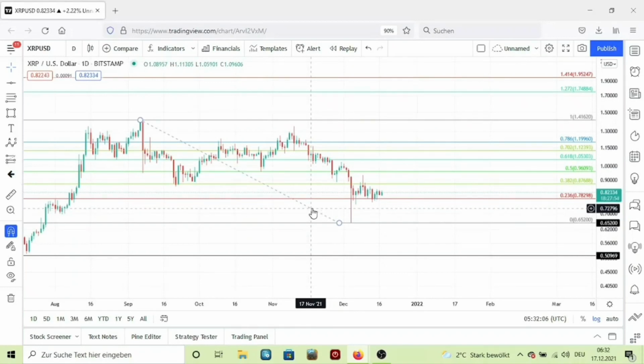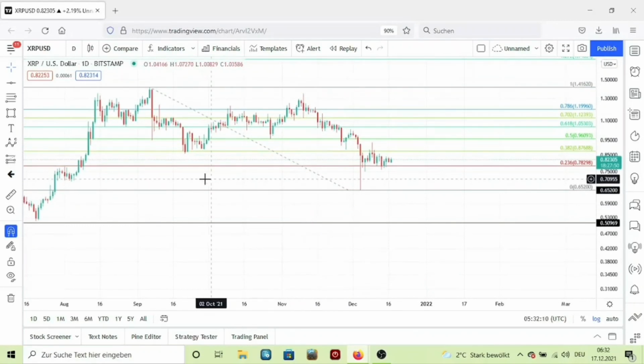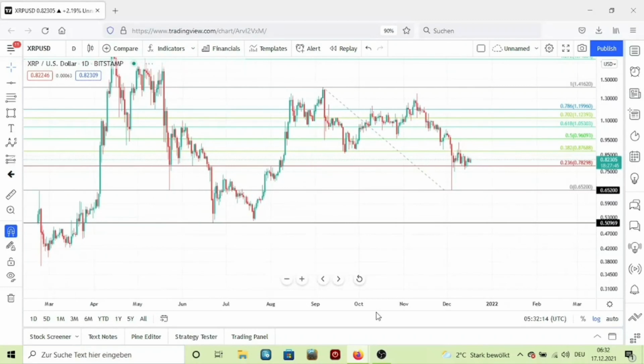So we leave our orders in this box for now, but I don't really see us drop below this. It doesn't make too much sense to me.